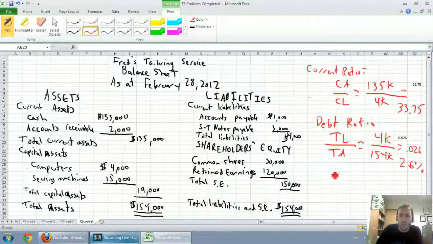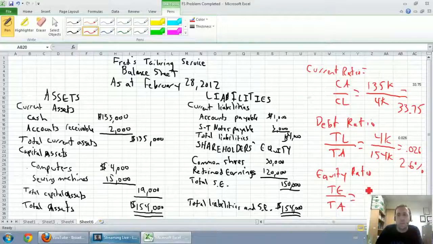Put differently is the equity ratio. And the equity ratio looks at the other side of it. So what the equity ratio says is, let's look at total equity, or total shareholders' equity, divided by total assets. Our total shareholders' equity is 150, divided by our total assets, which was 154. Sorry, my writing deteriorates as the question goes on.